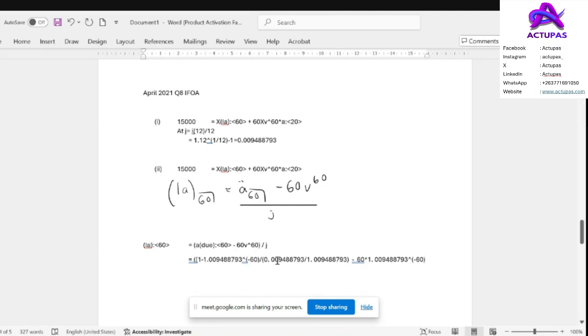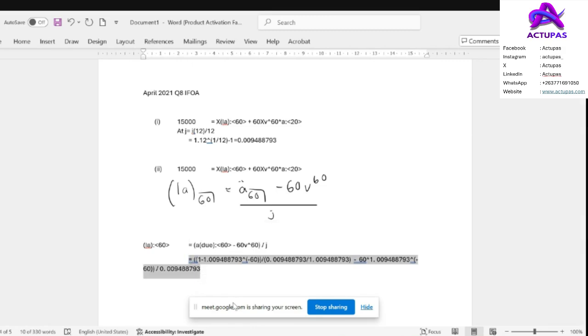I forgot to close this bracket here, so we close this one. Now we close the last bracket and then divide by 0.0095.